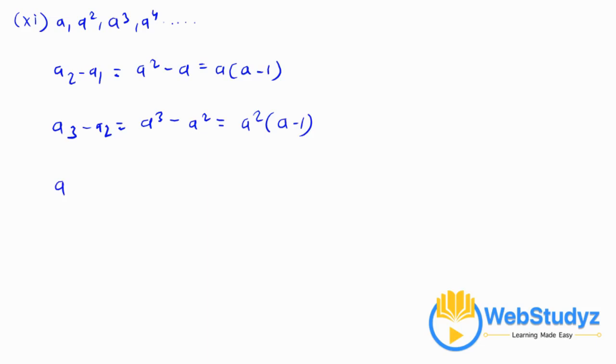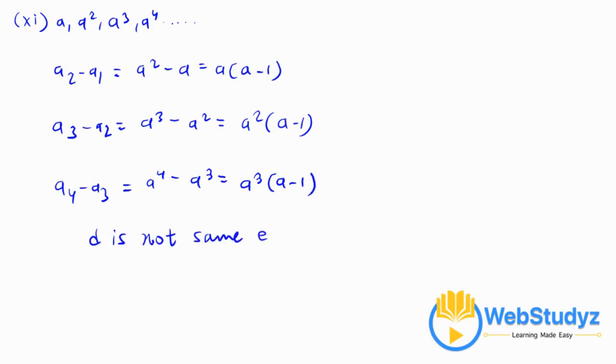Again calculating the common difference, which is A4 minus A3, which is equal to A to the power 4 minus A cube, which is equal to A cube into A minus 1. As we can see, the common difference D is not the same every time.